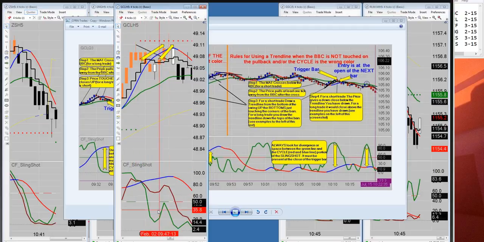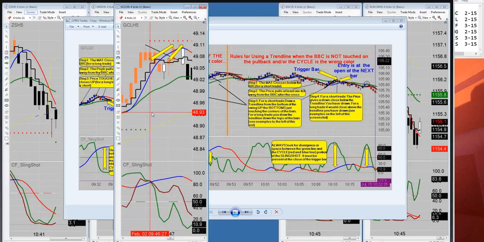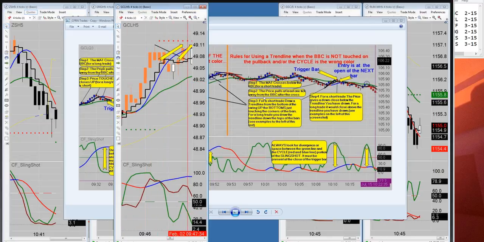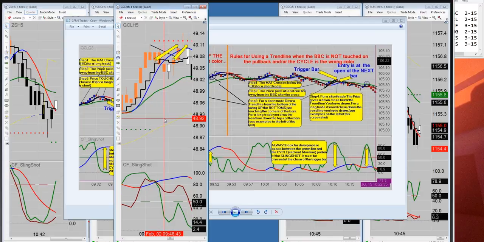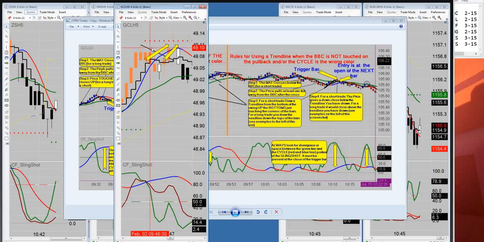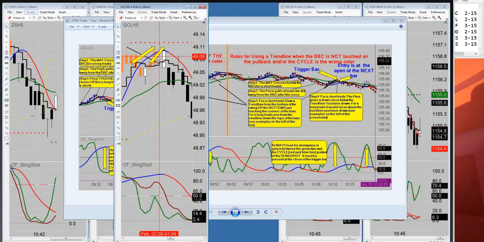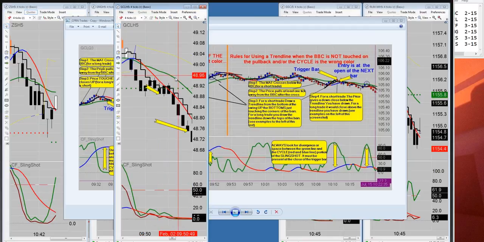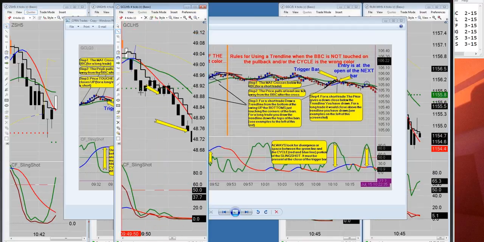And what you're looking for is still going to have divergence here. Step 1 and 2 are the same. The MA1 has to cross, price has to pull away. But in this case, you draw the trend line down the tops or the bottoms, as the case may be. Let's find one on the bottom here, right over here. Like that.